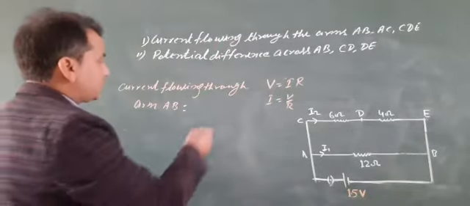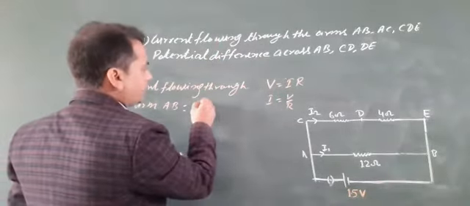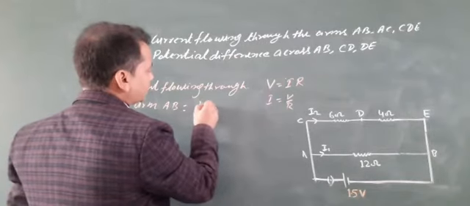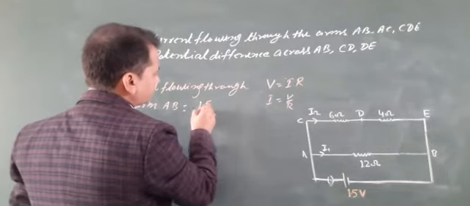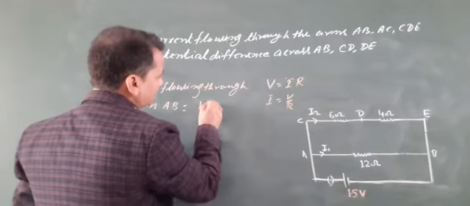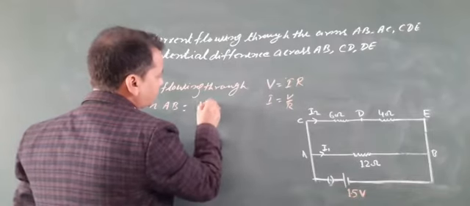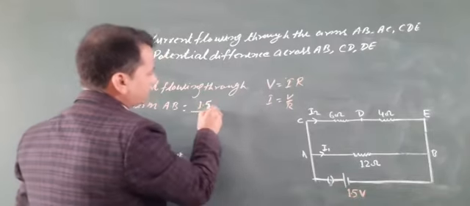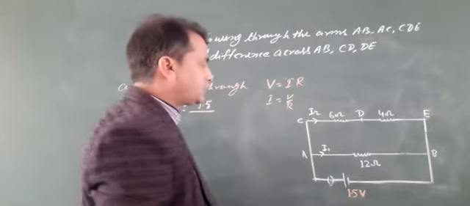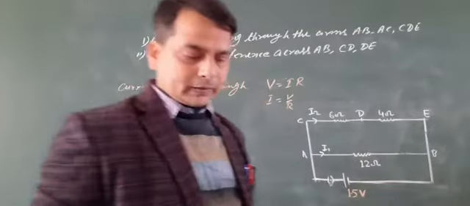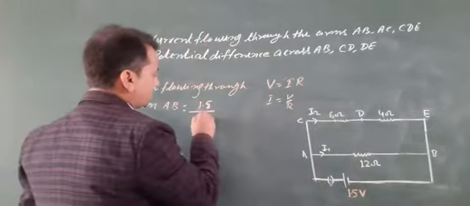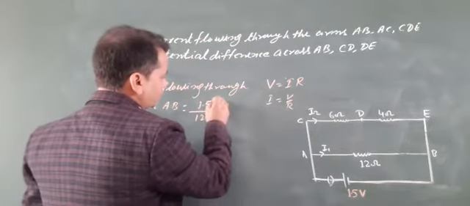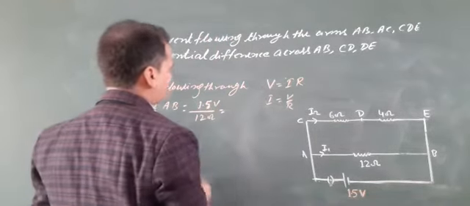So V is 1.5 and the resistance is 12 ohm.